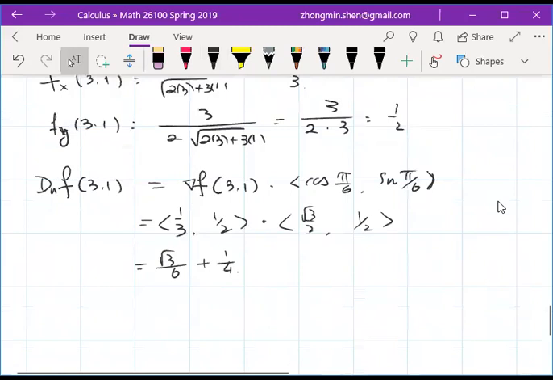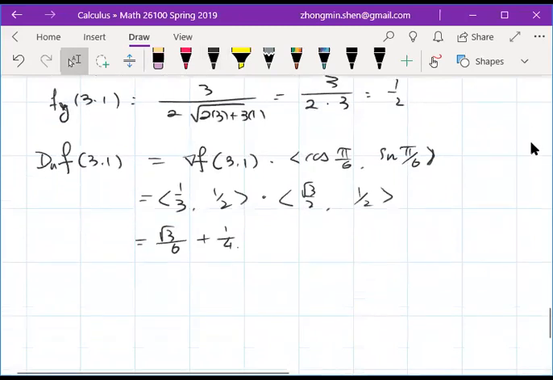Okay, so jump in the direction of this unit vector. Okay, this is the rate of change. Let me repeat again. This is the rate of change in the direction of u at the point 3, 1. Okay.